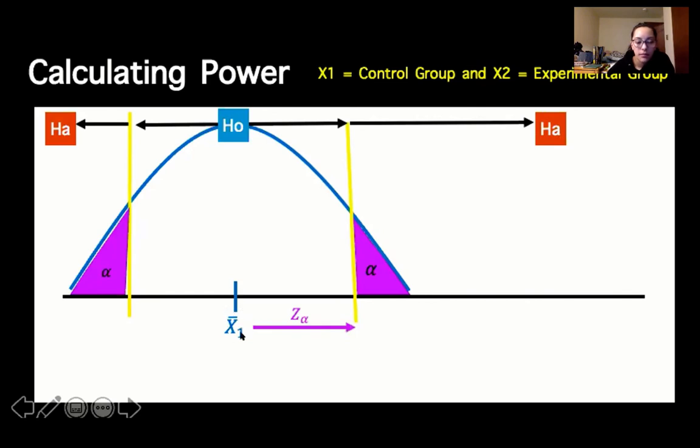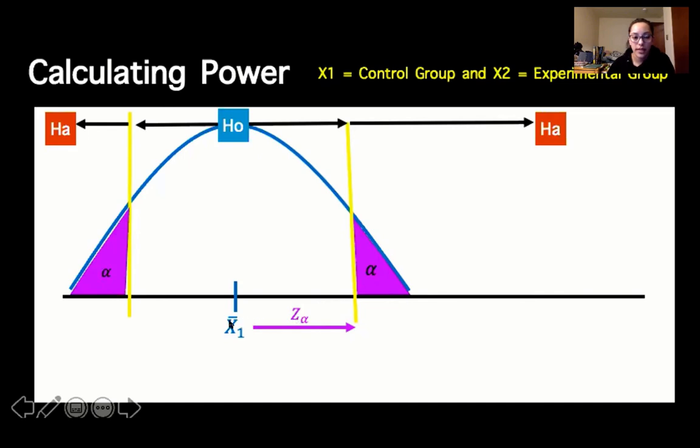The distance from our control group mean to the boundaries of our region of rejection is a z-score representative of the probability that alpha has, which you've also seen before. Z for a 95% confidence level, when we've got 0.025 in both tails, gave us a z-score of 1.96.